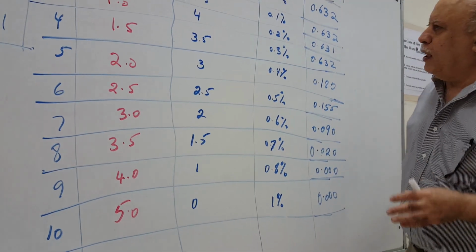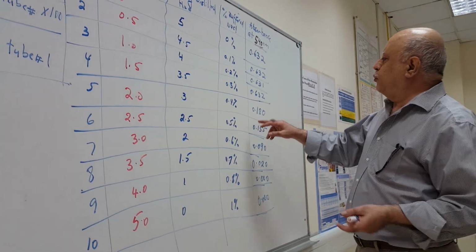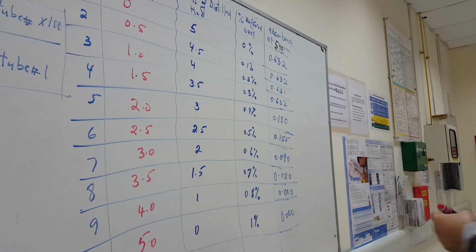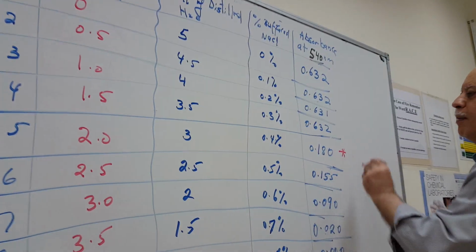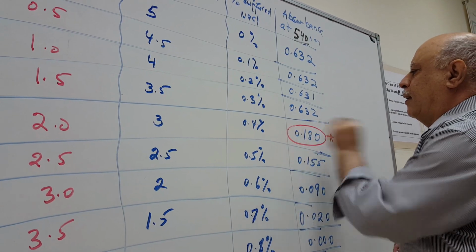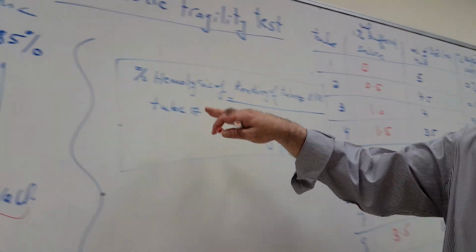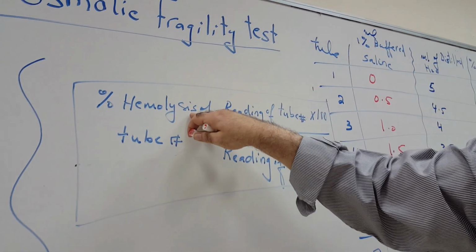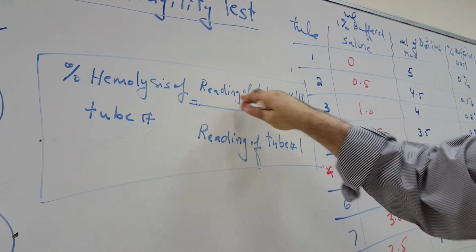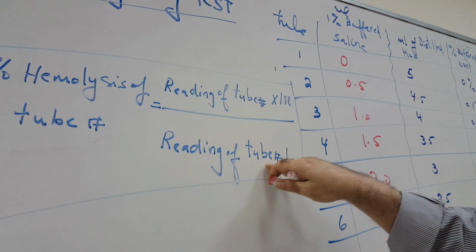Now, how will we calculate the percentage, how much hemolysis we get? Let's say for tube number 5, for example. We get an absorbance reading of 0.182. So this is the formula: percentage hemolysis of tube number, we put the tube number, equals the absorbance of the tube number times 100 over the reading of tube number 1.